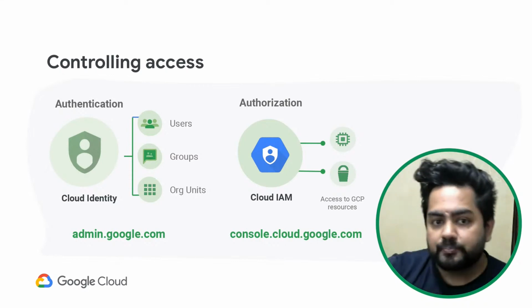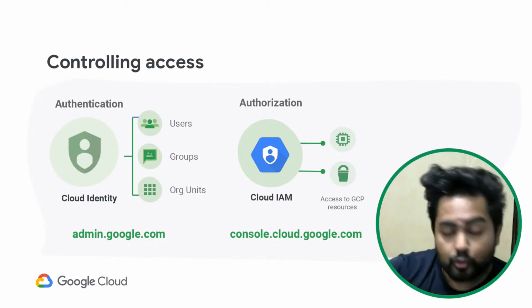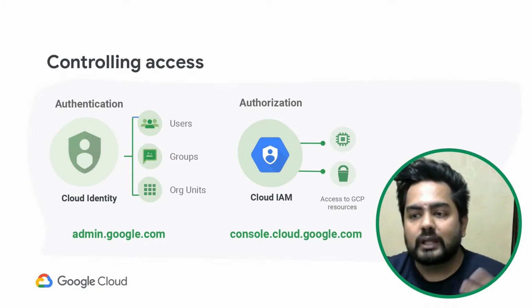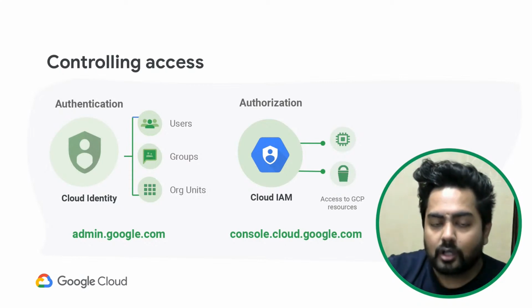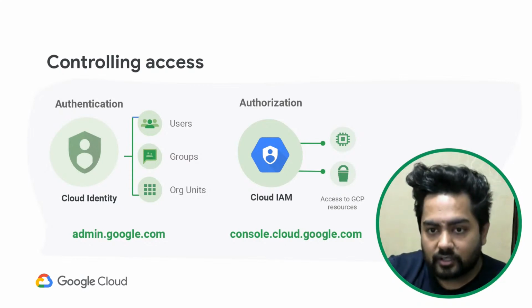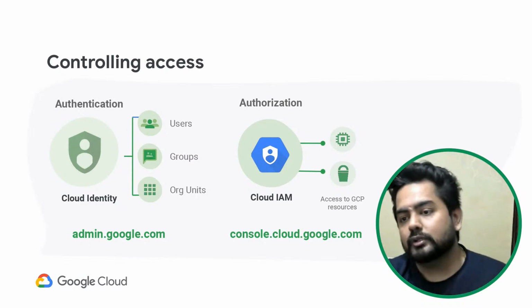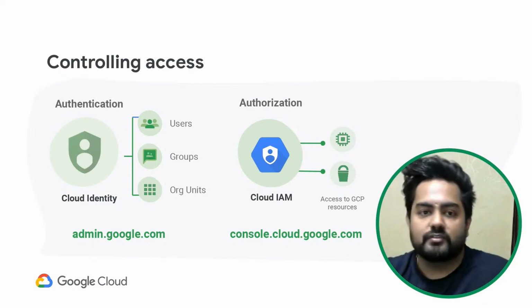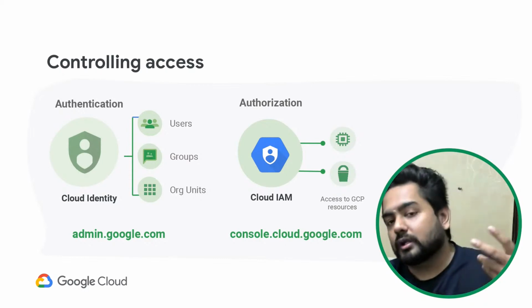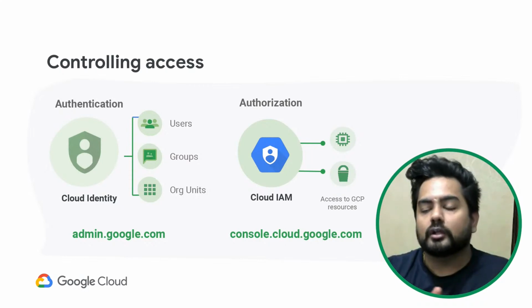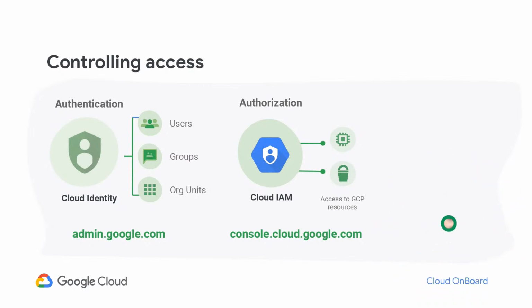Now, IAM, in contrast, is responsible for authorization. Your cloud identity authenticates, whereas IAM is authorization, which is a set of permissions that a user is allocated after that authentication is done. So if I have a user like Vishal who has permissions to create a compute engine, Vishal as a user is authenticated with the help of cloud identity.